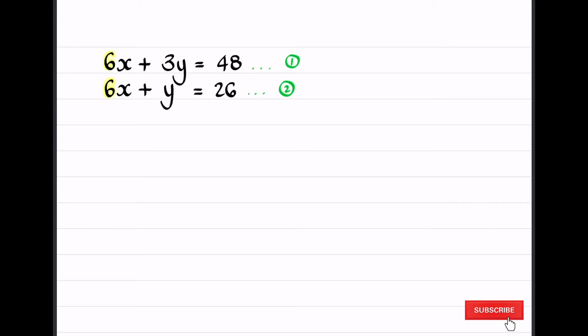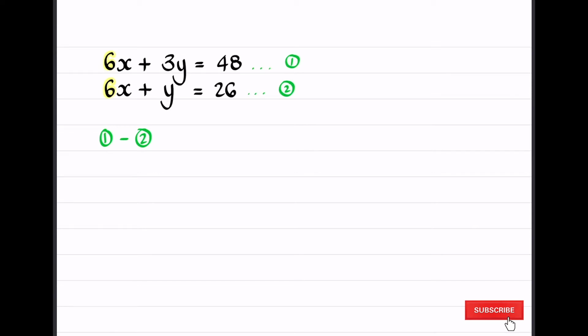Alright, in order to cancel out those 6's, because I have 6x and I have another positive 6x, it means that I'm going to have to subtract them. So I'll say equation number 1 minus equation number 2. Remember, I have two options for elimination. I can either add the two equations together or I could subtract the two equations from each other.